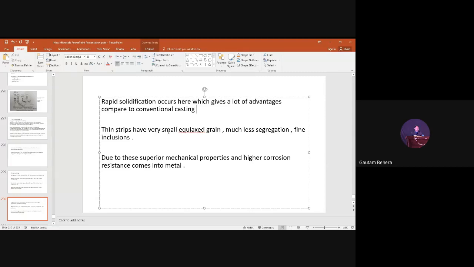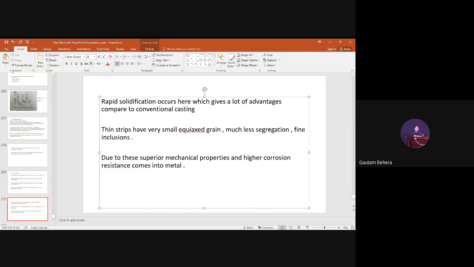Thin strip has very small equiaxed grains. The first advantage is the rapid solidification, and rapid solidification leads to a finer grain size. That's why it is a small equiaxed grain.